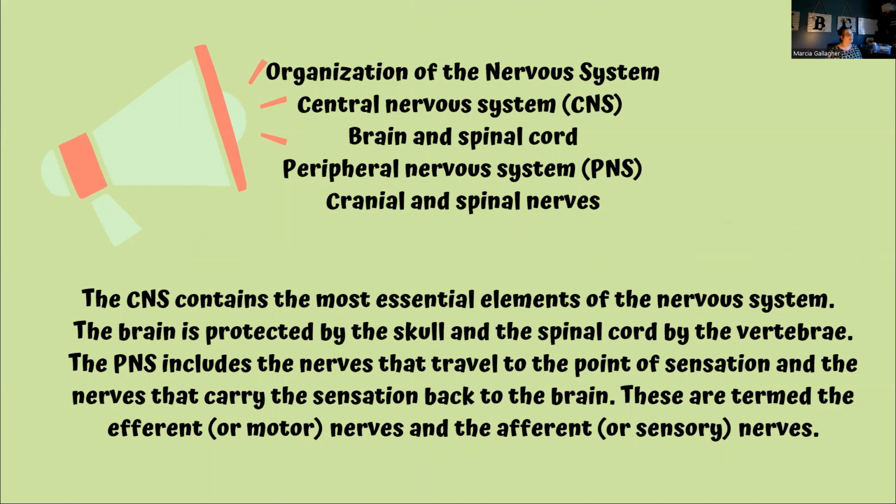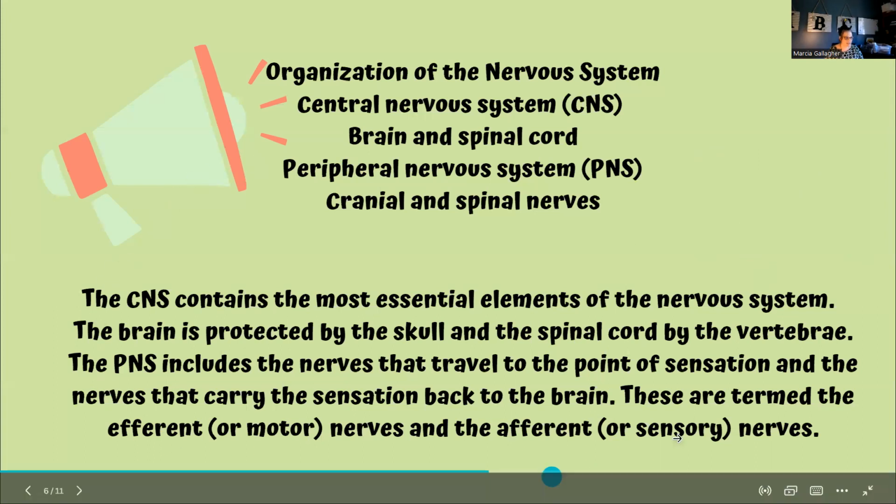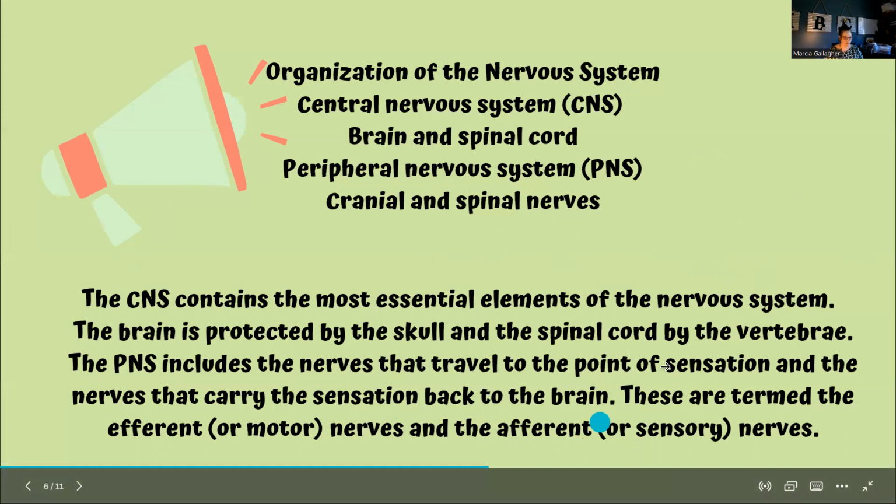The PNS includes the nerves that travel to the point of sensation and the nerves that carry the sensation back to the brain. These are termed the efferent or motor nerves and afferent, the sensory nerves. So once again, CNS is the central nervous system. The PNS is the peripheral nervous system. And this is what is included in each of those systems.